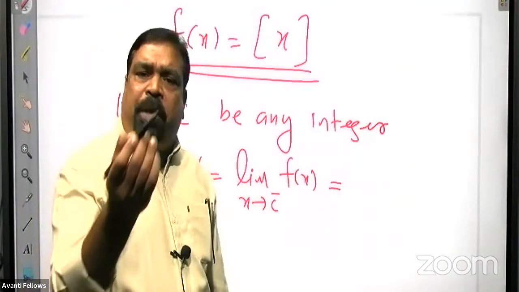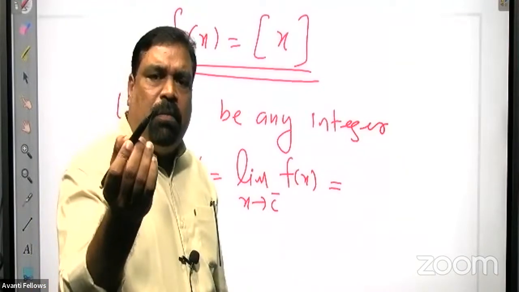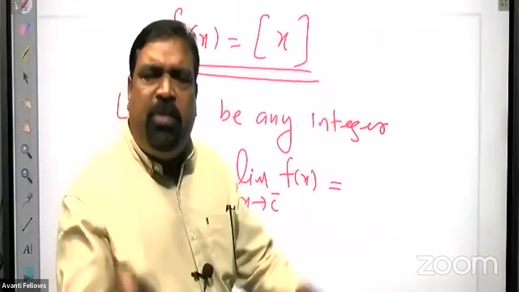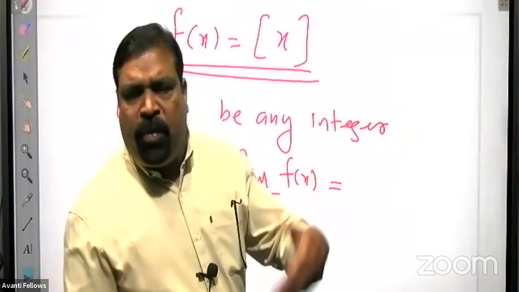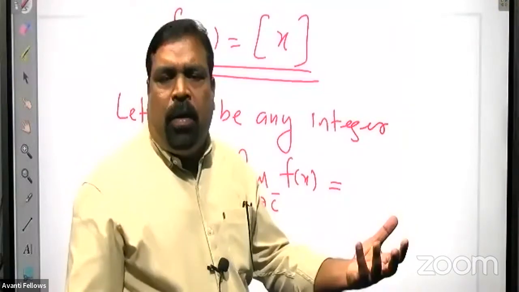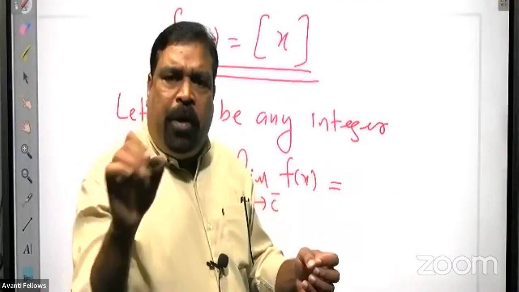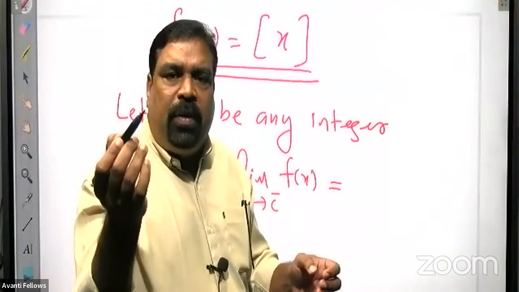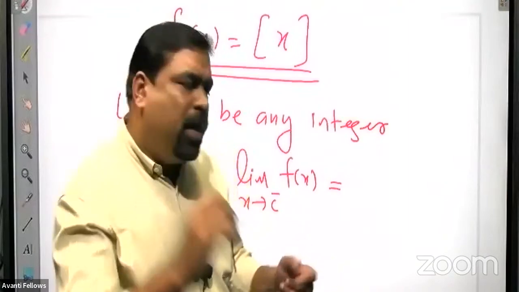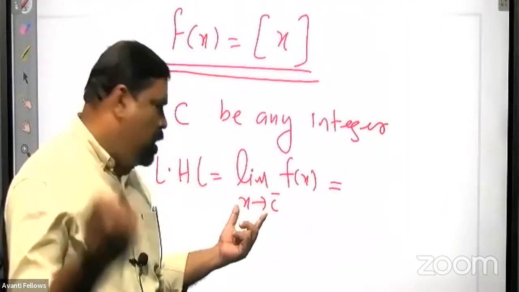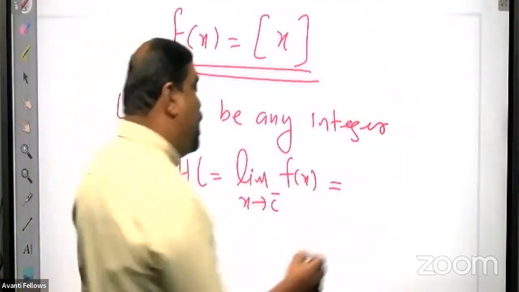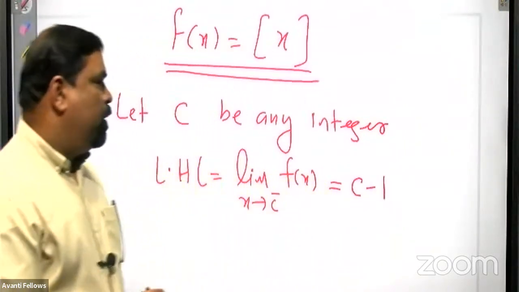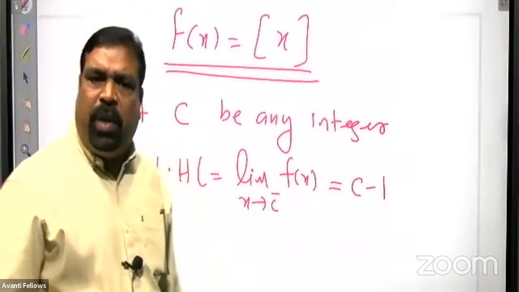If I take the point 2, the left side of 2 means 1.9, the image will be 1. 1.99, the image will be 1 only. So at the point 2, the left-hand limit is 1. At the point 3, the left-hand limit will be 2. Like that, at a general integer C, the left-hand limit will be C minus 1. That's the definition of the greatest integer function actually.